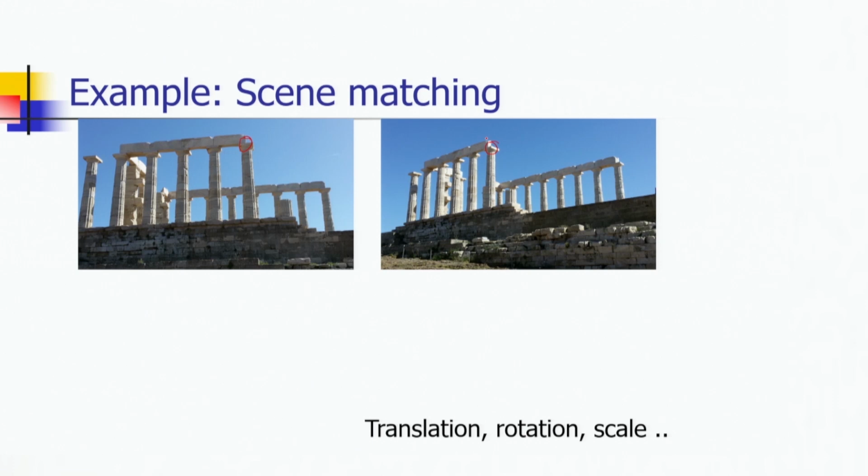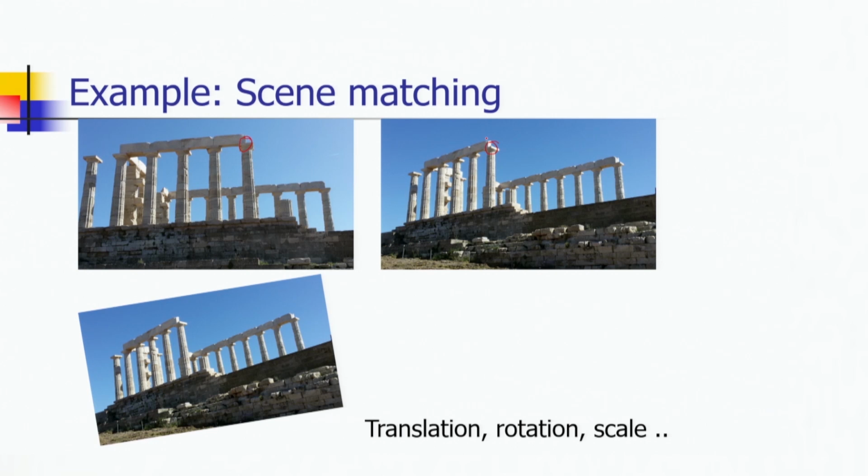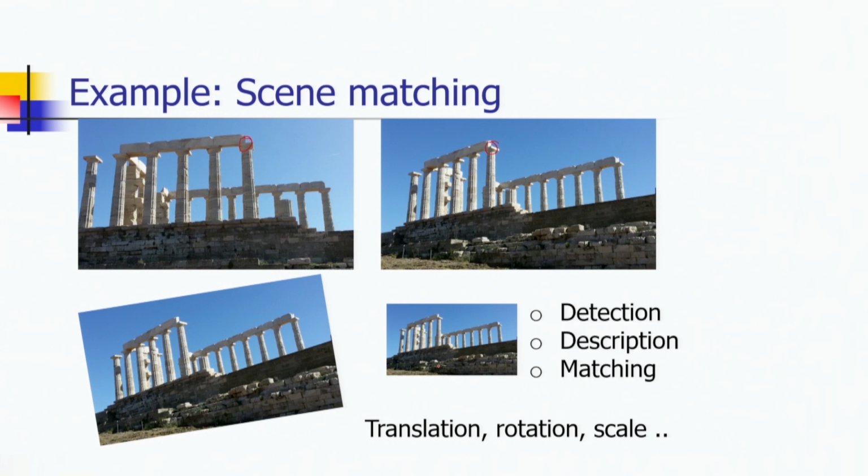But is there any way we can make certain descriptors invariant, so that they are easy to detect and easy for matching or building correspondences? Here various kinds of transformations may happen. It is from different views, or the same image could be translated, rotated. There could be scale variations, that means it is taken from a distance. So how to establish these correspondences?